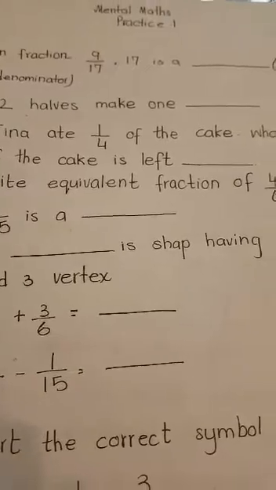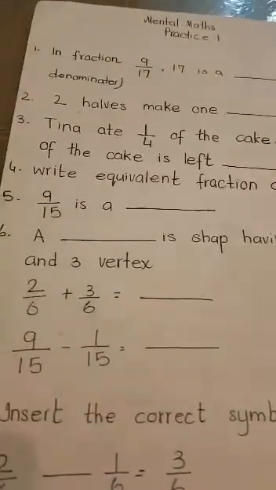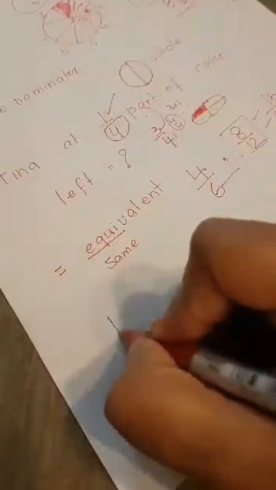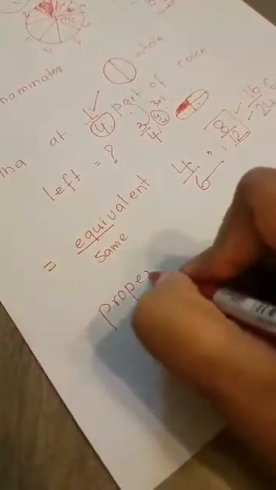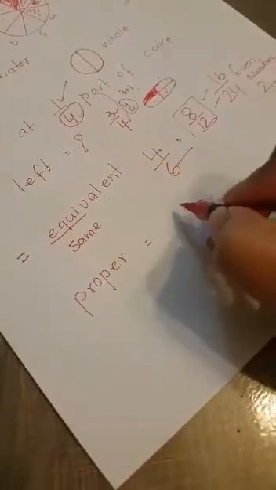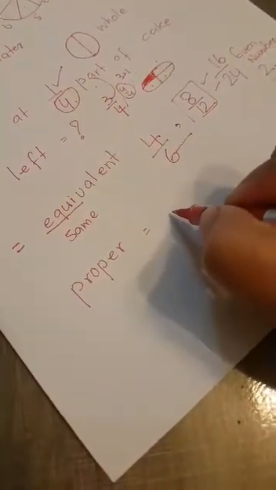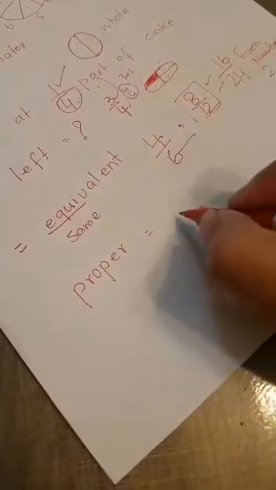9/15 is a dash. They will give you an option saying proper or improper fraction. First of all, I will tell you what a proper fraction is. A proper fraction means the number which is written in the correct order. What is the correct order of the proper fraction?